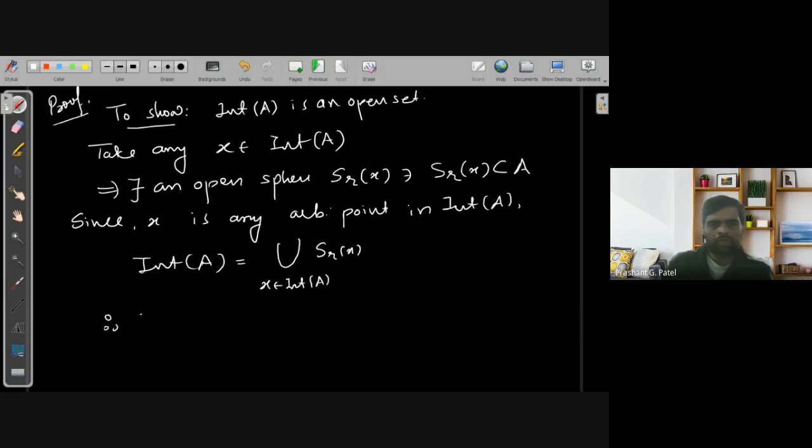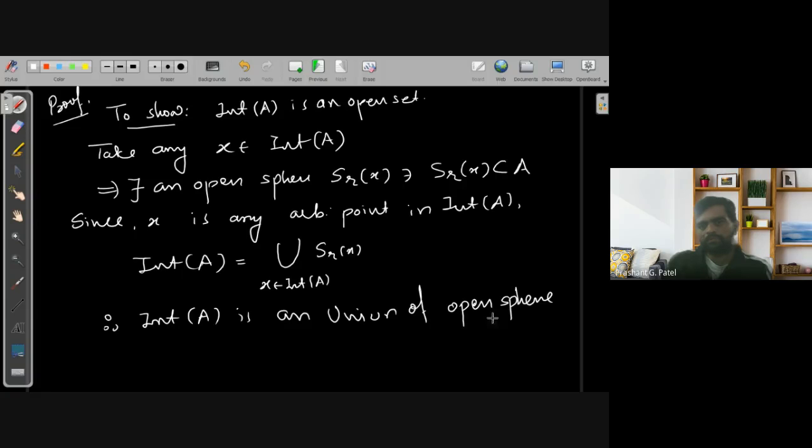Therefore the interior of A is a union of open spheres, and therefore the interior of A is an open set.